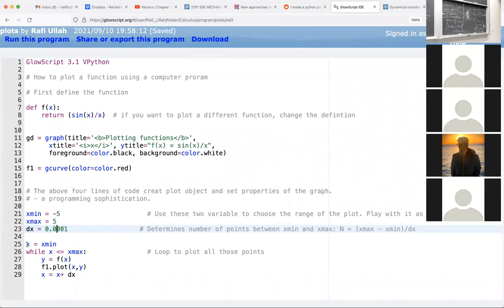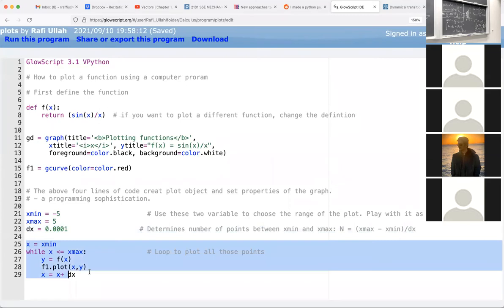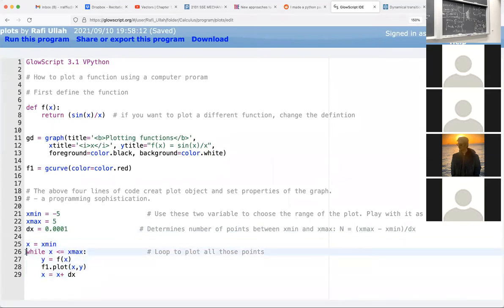And then in the last 3-4 lines, what I'm doing is, let's start with x equal to the smallest value in the range, and then keep doing what we are going to do below until we reach x maximum. So that's a loop in technical terms. And in the next line, we are just evaluating the value of the function.